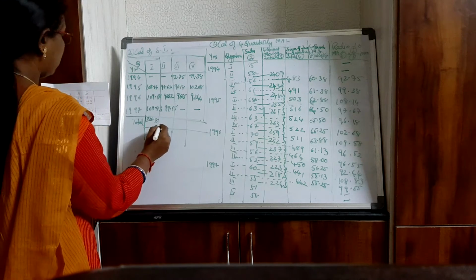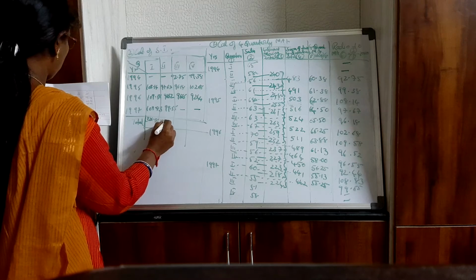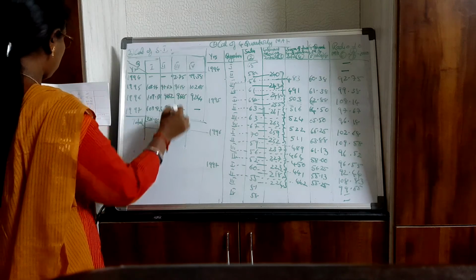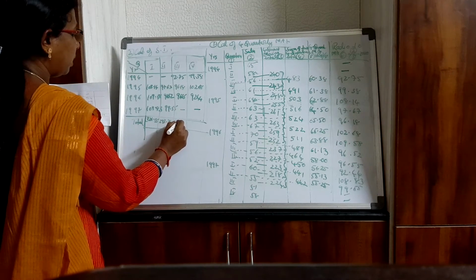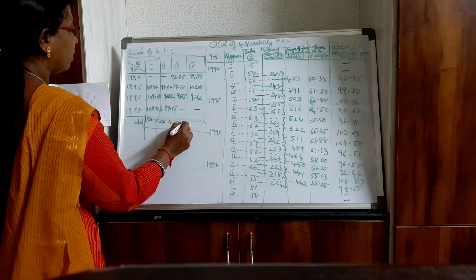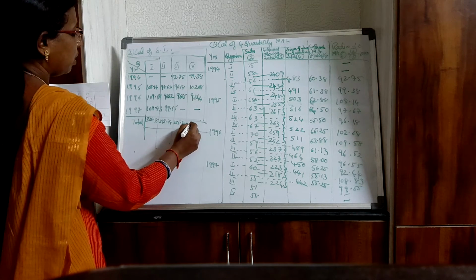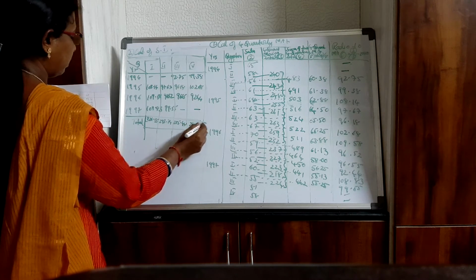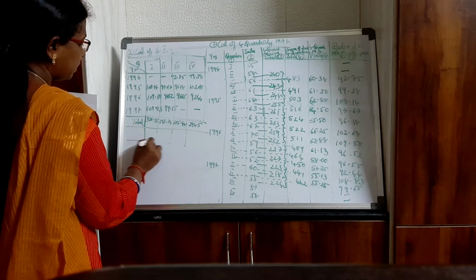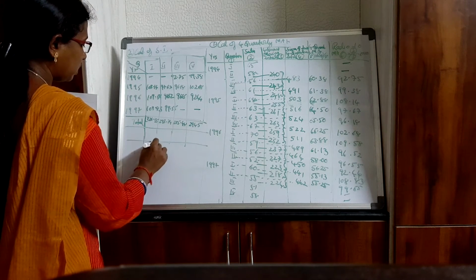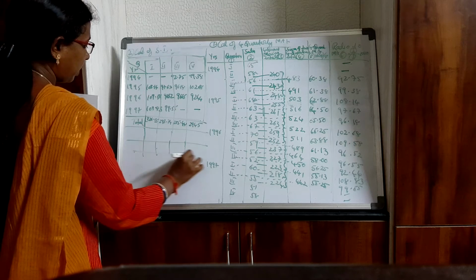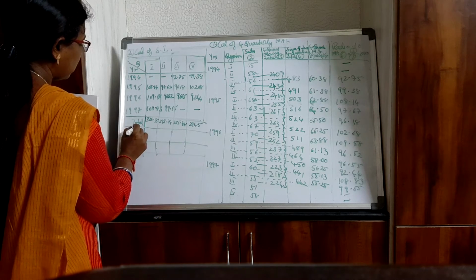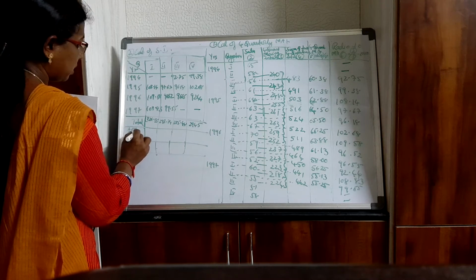Second quarter total is 293.74. Third quarter is 285.48. Fourth quarter total is 294.5. Now seasonal indices are nothing but averages of these quarters. So when you find averages of these values, it is nothing but seasonal indices.